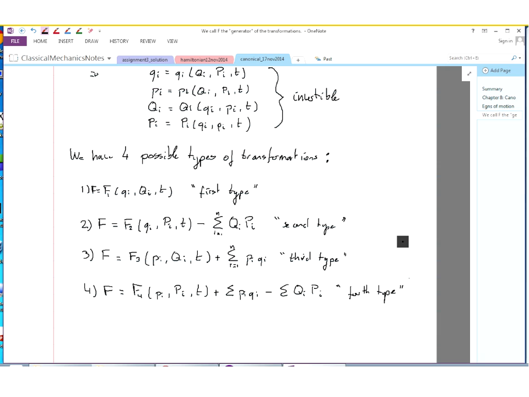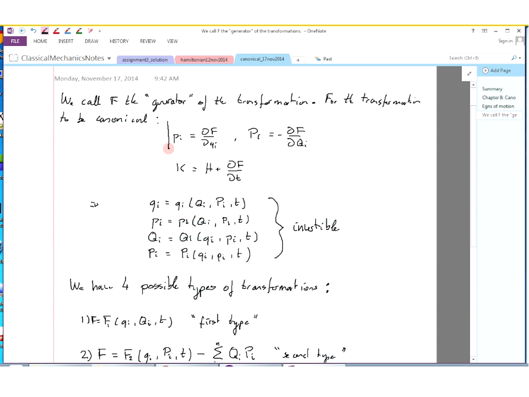So let's just do a couple examples of these transformations. There's a table that I wrote in the notes, table 8.1. I'm not going to rewrite the table because writing with this tablet is a huge pain in the neck, but I'm going to box these equations here. Those are the transformation equations, how to get little p and big P in this case, for transformation of the first type.